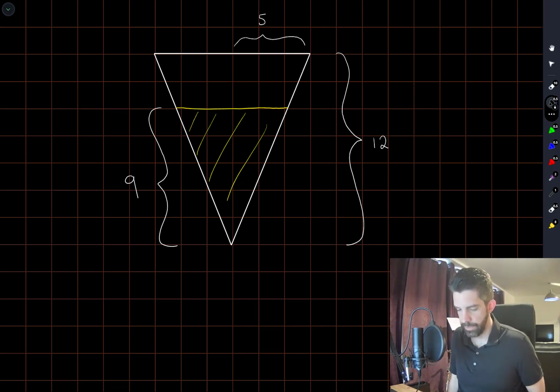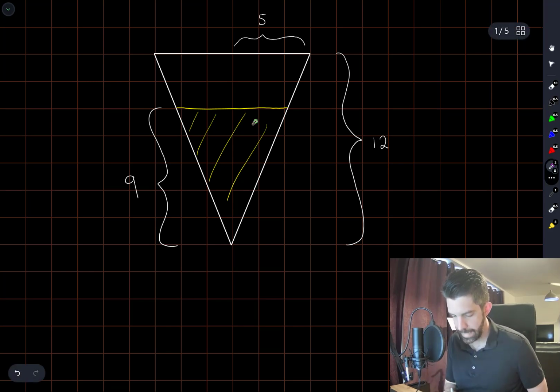So I think the best way to do this is to just solve for the volume of the liquid. We can do that because the radius where the top of the liquid is will scale in proportion to these two numbers from 5. So, 9 is equal to 3/4 of 12. So this radius is going to be 3/4 of 5.